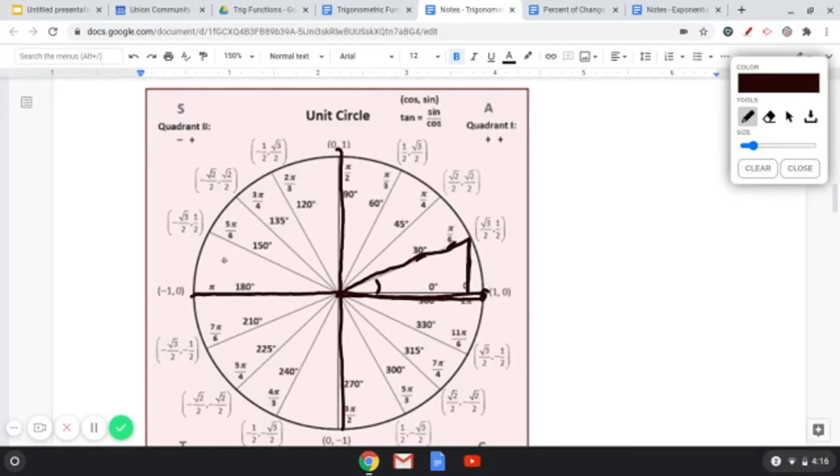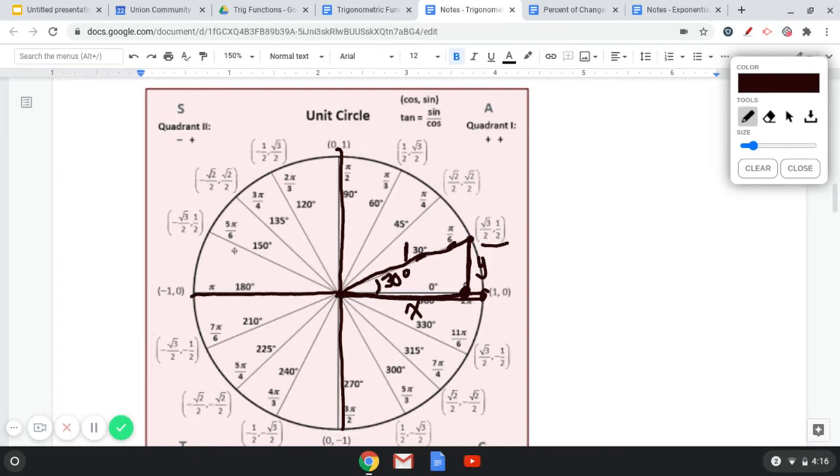In this right triangle with this 30-degree angle, pi over 6 angle, the length of this hypotenuse is 1 because it's a unit circle with a radius of 1. We're trying to find the length of this side, y, so how high we go up to this point, and how far over we go to this point, x. That's what these coordinates mean. This means that this x value is root 3 over 2, and this y value is 1/2.